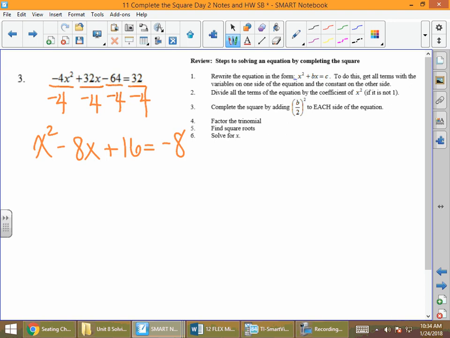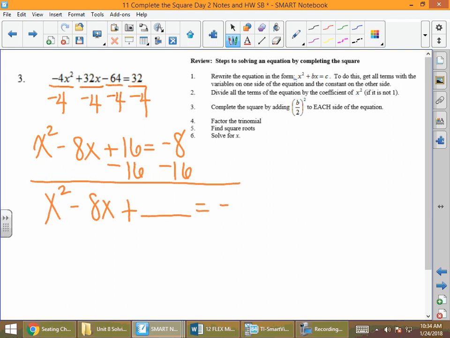And now I'll go back to step 1. And step 1 says put the variables on one side, the constants on the other. So subtract 16 from both sides, and we get x squared minus 8x plus something equals negative 24 plus something.